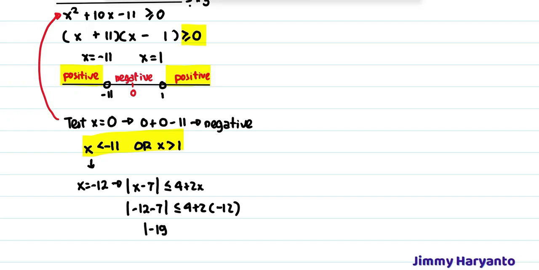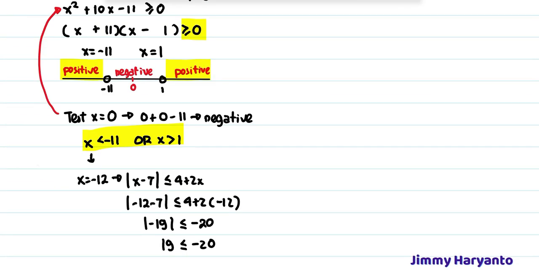So 19 is less than or equal to negative 20. Oh, my bad. As you can see, 19 should be greater than negative 20, but it says 19 less than or equal to negative 20, so this is false, and we have to reject this one. x less than negative 11 is rejected.